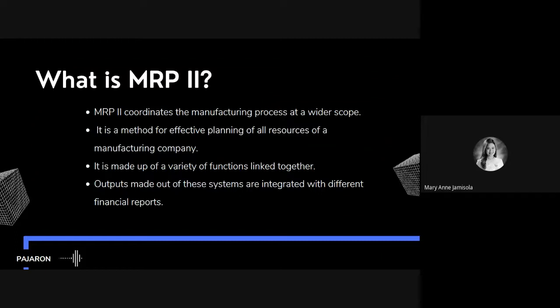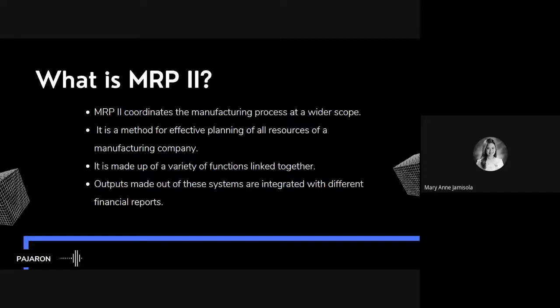MRP2 is made up of a variety of functions that are linked together, such as your business planning, sales and operations planning, demand management, production planning, master scheduling, material requirement planning, capacity planning, and the execution support systems for capacity and material.